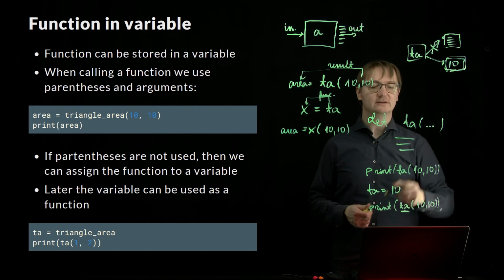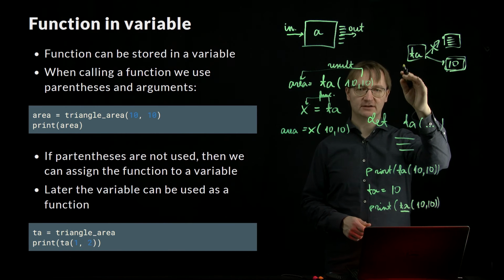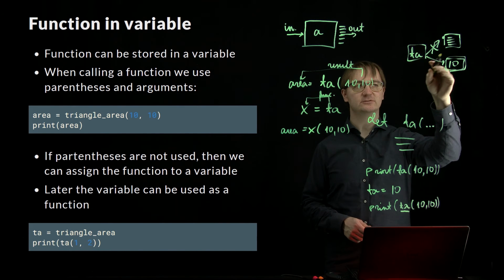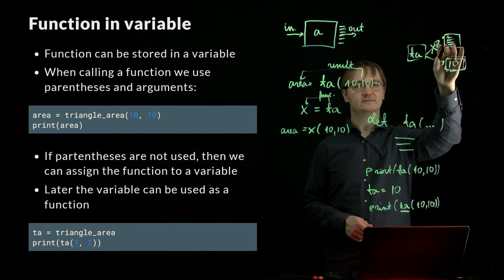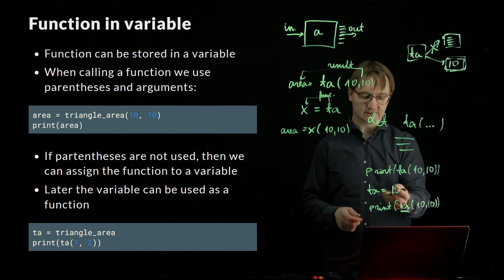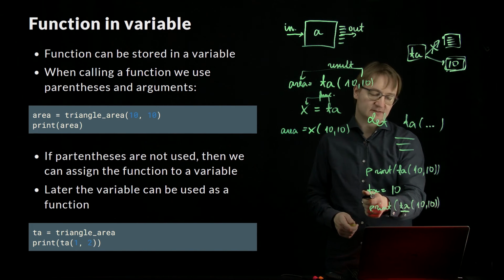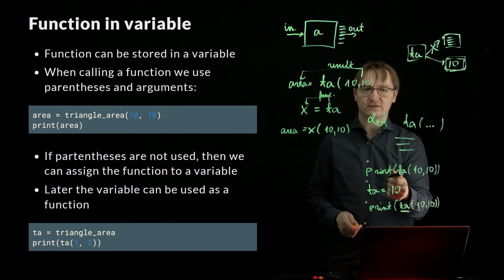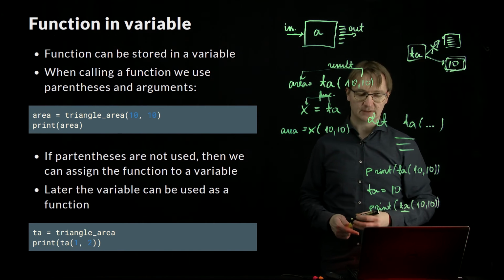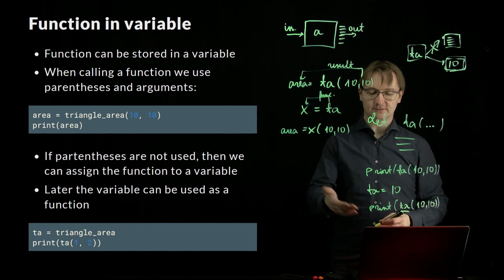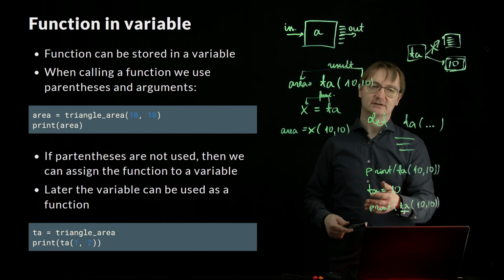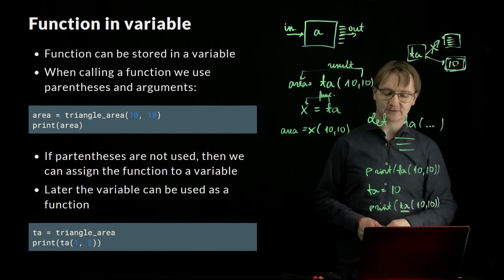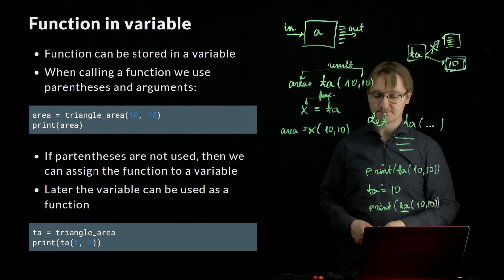So you can basically assign functions to variables, you can assign values to variables, you can overwrite functions in a way like I did here. So if I did this, I cannot access this function anymore. I mean, there are ways to do it, but not normally. So it's not wise to use the same names for variables as you have for functions.